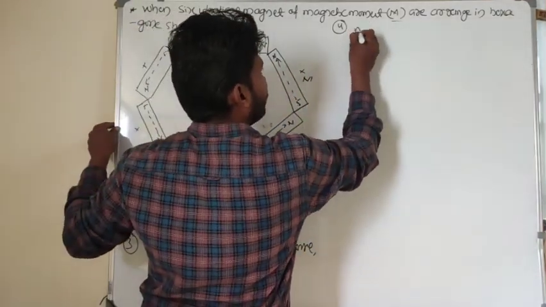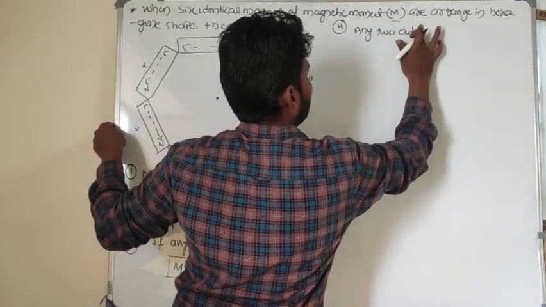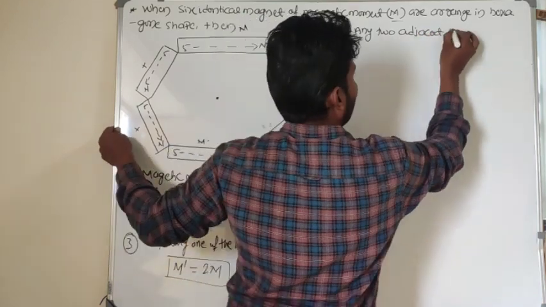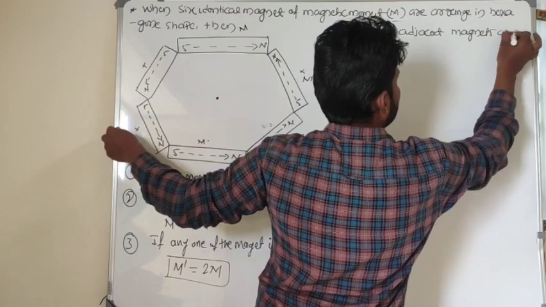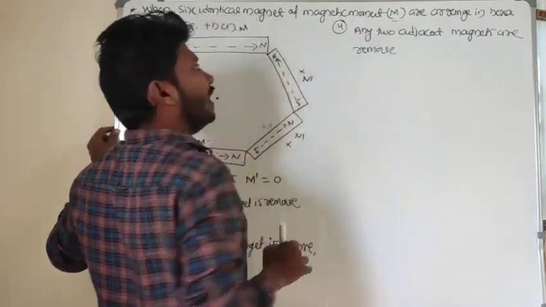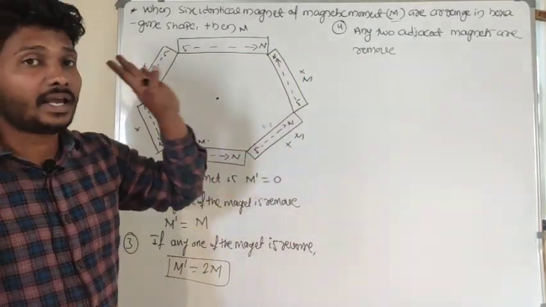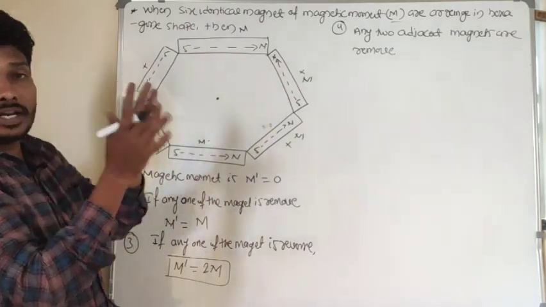If any 2 adjacent magnets are removed, then what about the new magnetic moment that I can find out here? Look at here, out of 6 magnets I will remove 2 magnets.